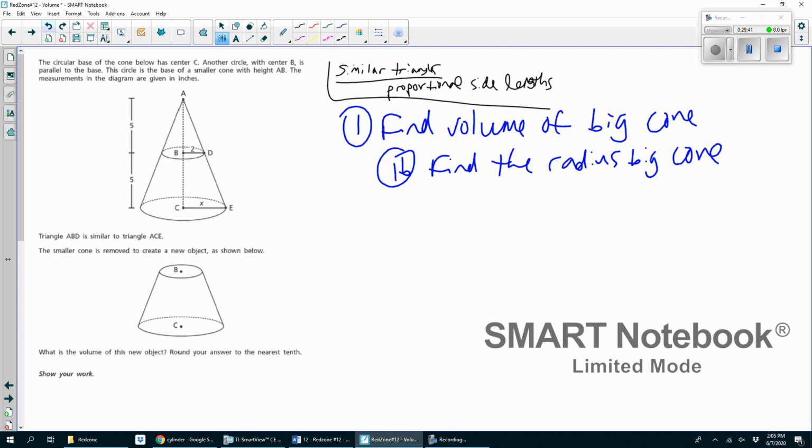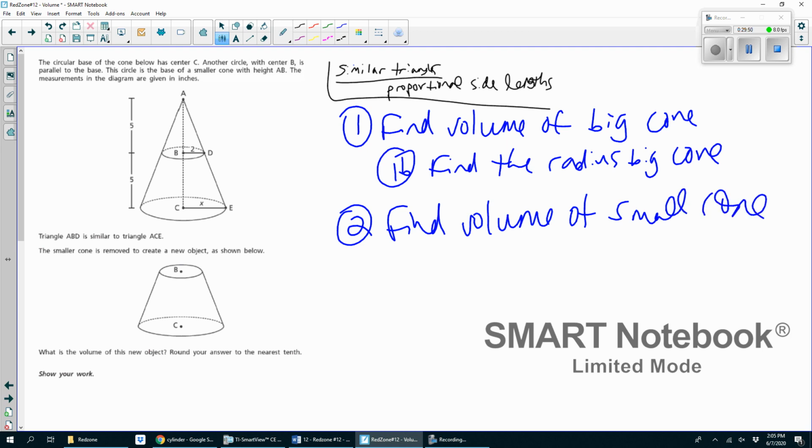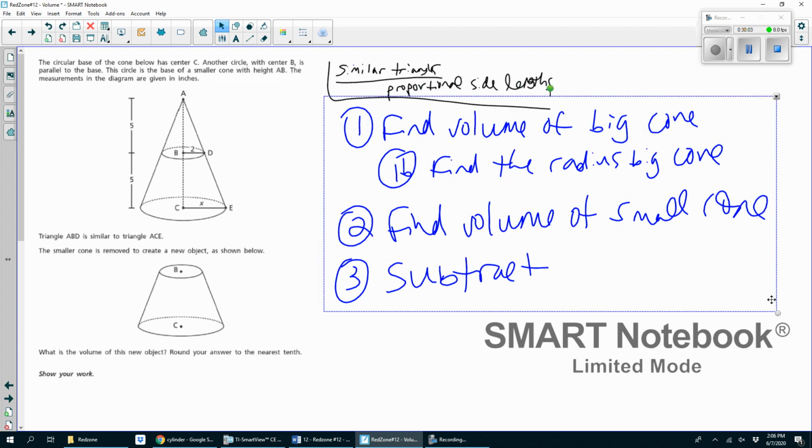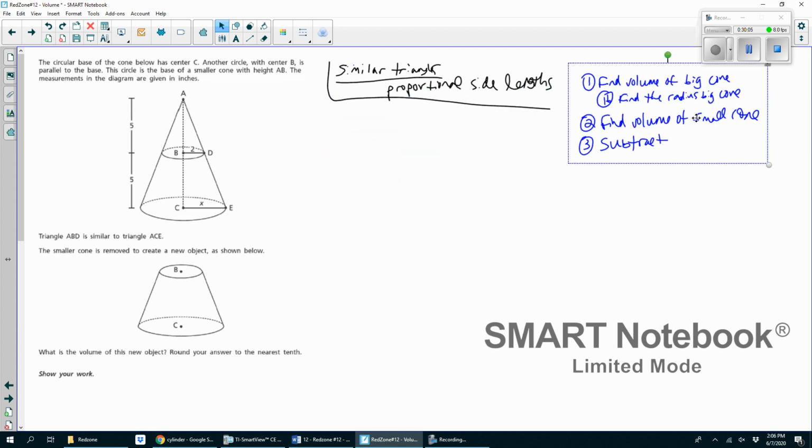Once we find that, we can find the volume, no problem. Step 2, find the volume of the small cone. And we have all the information for that, so that won't be an issue. And then step 3, we're going to subtract because we're removing the small cone from the top of the object. We're not adding it on, we're removing it. So let me make this smaller so I have room to work.